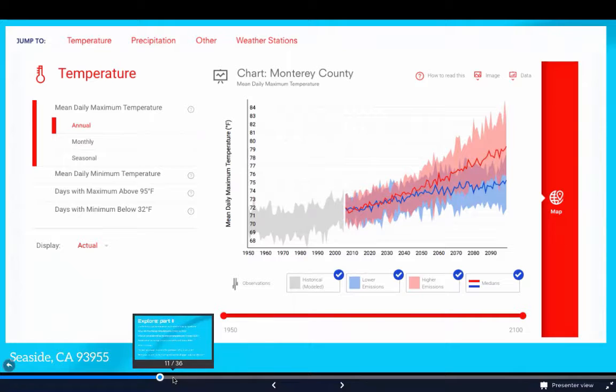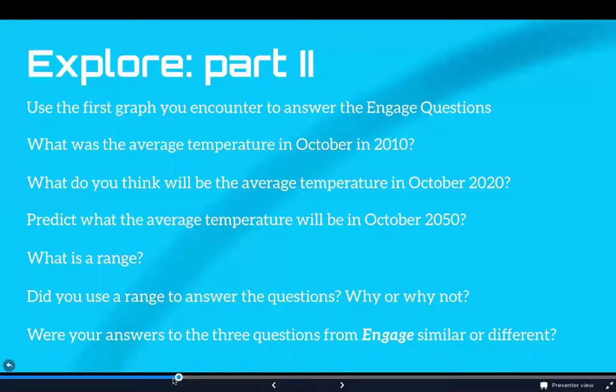But there are some other pieces of this data that we want them to pay particular attention to. What's a range? It's all of the possible values that are observed for that measurement. So if I'm thinking about a range and I want to think about the data that I've seen so far, the range that I'm looking for is the difference between the lowest and the highest values.